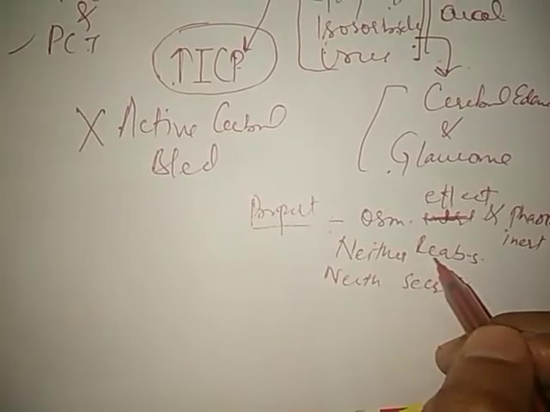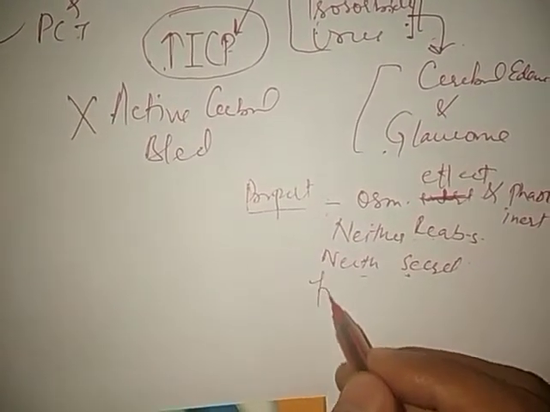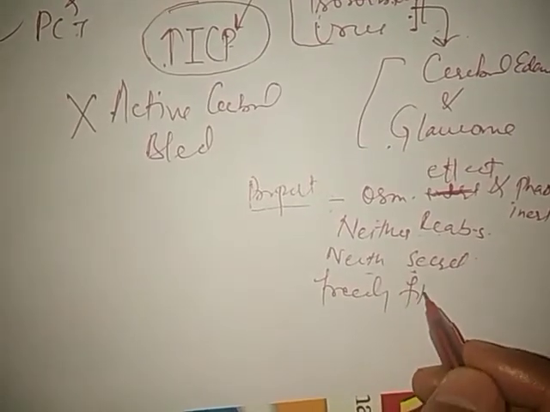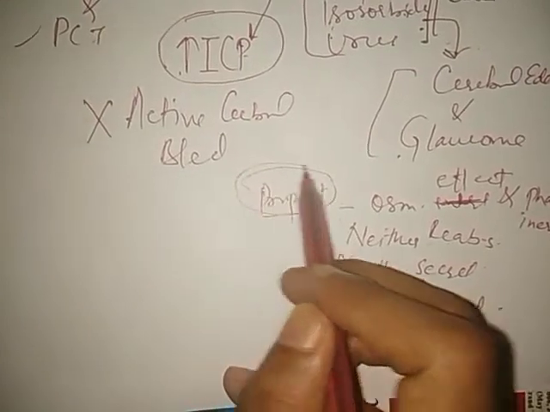It should neither be reabsorbed nor secreted. Okay, it should be freely filtered at the glomerulus. These are the properties of an ideal osmotic diuretic.